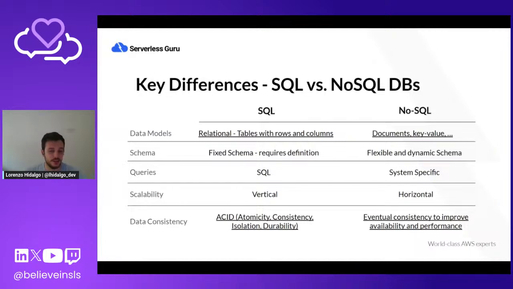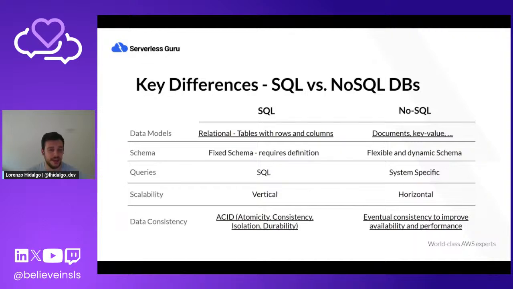Scalability: SQL is vertical, meaning that every time you want to make your database more performant, you need to load it on a more performant machine, EC2 instance or computer. With NoSQL, it's horizontal, meaning that you can just add a new machine, but this is all handled by AWS.